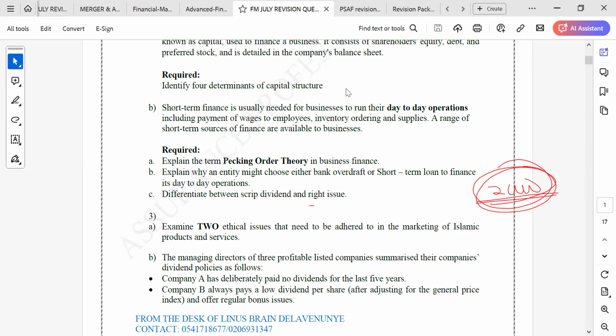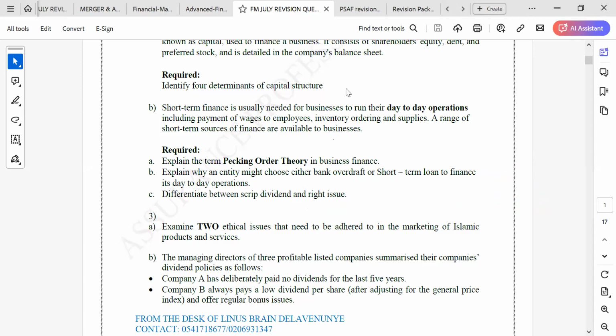The right issue is the issue of new shares, but these new shares will be issued to the existing shareholders in the proportion of their ownership at a discounted price. So you give them the option, because they are the owners of the company, so they have a right.